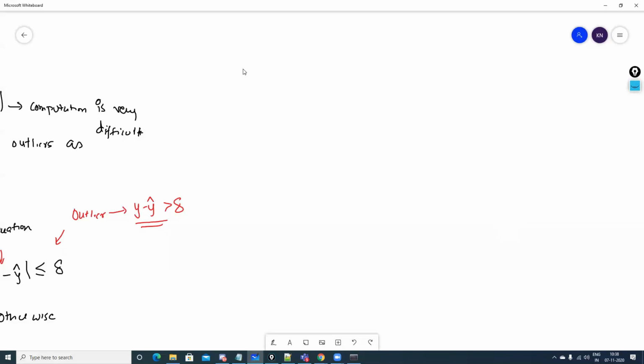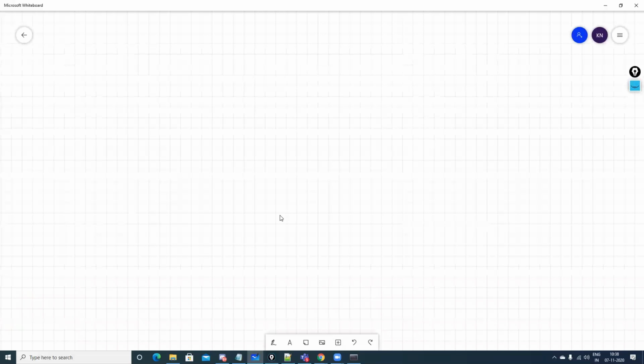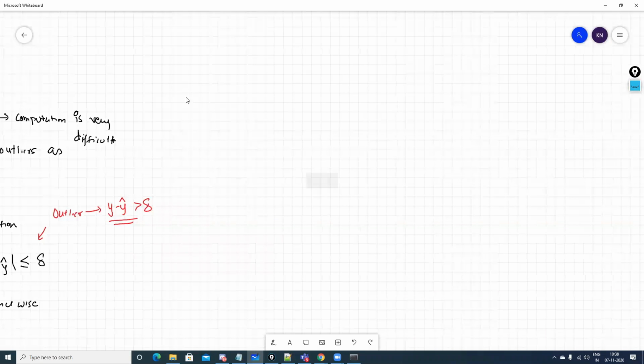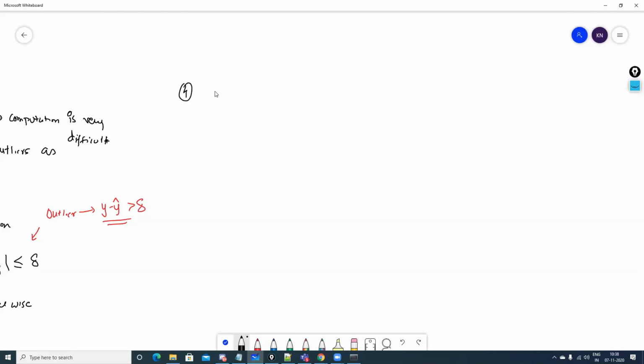The technique name is something called cross entropy. Cross entropy. Now, I'm just going to write down how the equation looks.